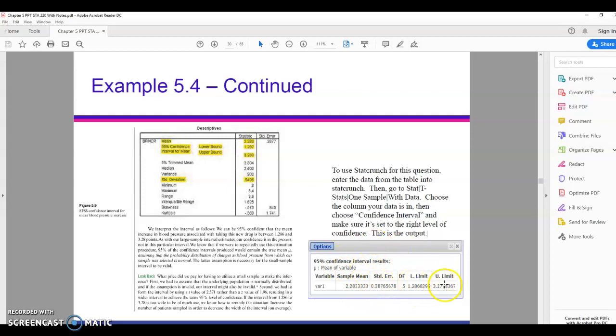It gives you your lower limit and your upper limit for confidence interval, which you can see matches what they have here, 1.287 and 3.280, rounded off. Theirs is rounded off, but it matches what they have come up with out of SPSS.